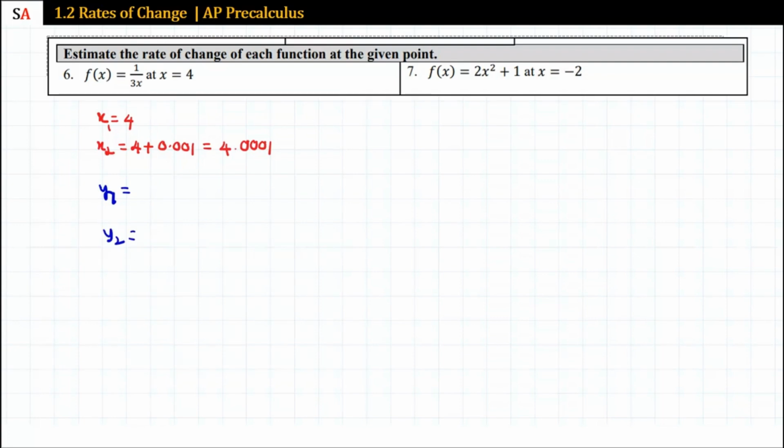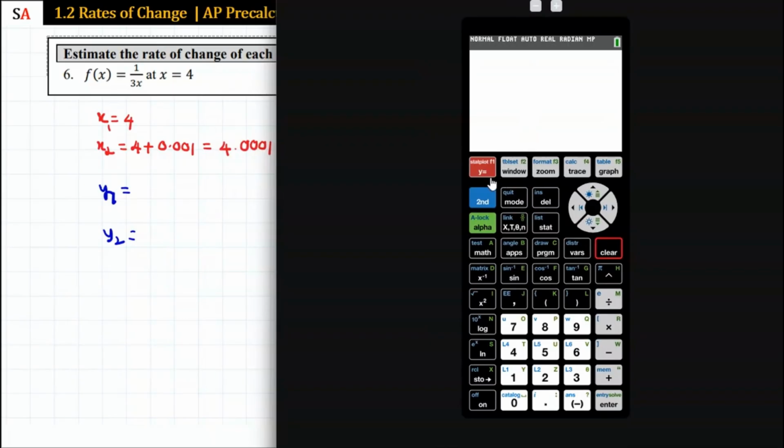For y1, you can use the calculator here. So we have y equal to 1 over 3x.